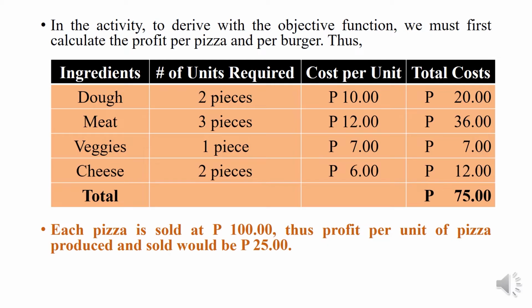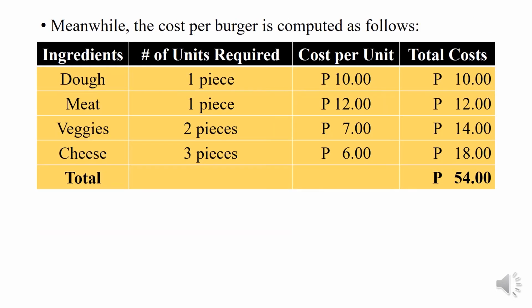After we have computed the profit of pizza, now let's find the profit per burger. The cost per burger is computed as follows. Again, for every unit of burger, we will need one piece of dough, one piece of meat, two pieces of veggies, and three pieces of cheese. Just multiply the number of units and the cost per unit.